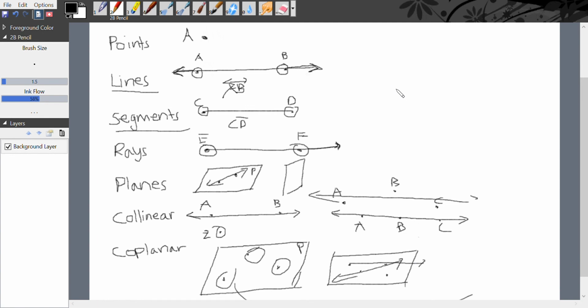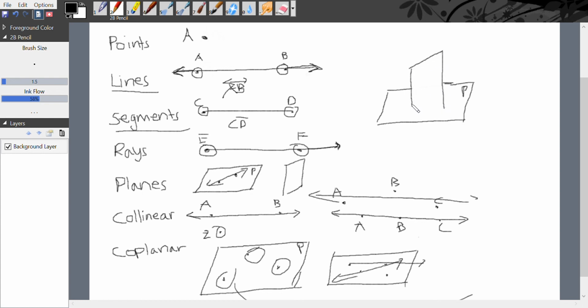Now, we're also going to talk about how planes intersect. So for example, if I have this plane right here, let's call this plane P again. Now we're going to draw another plane. We're going to draw a vertical plane.